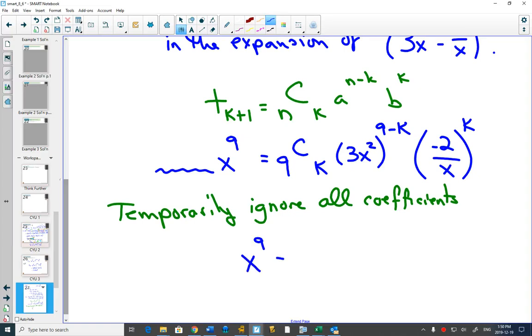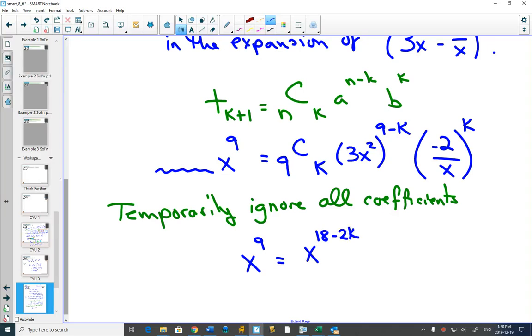On the right-hand side, 9 choose k will be a number, so I'm going to ignore it. 3 to the power of 9 minus k is a number, so I'm going to ignore it. But I do have a power here.